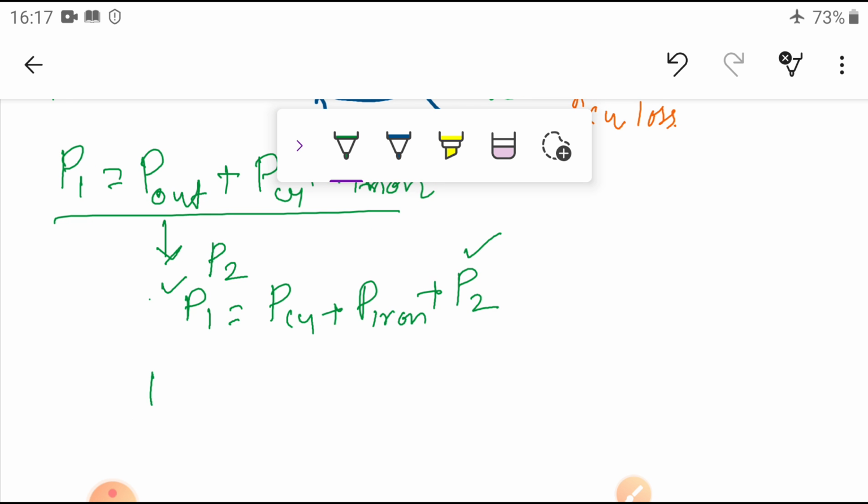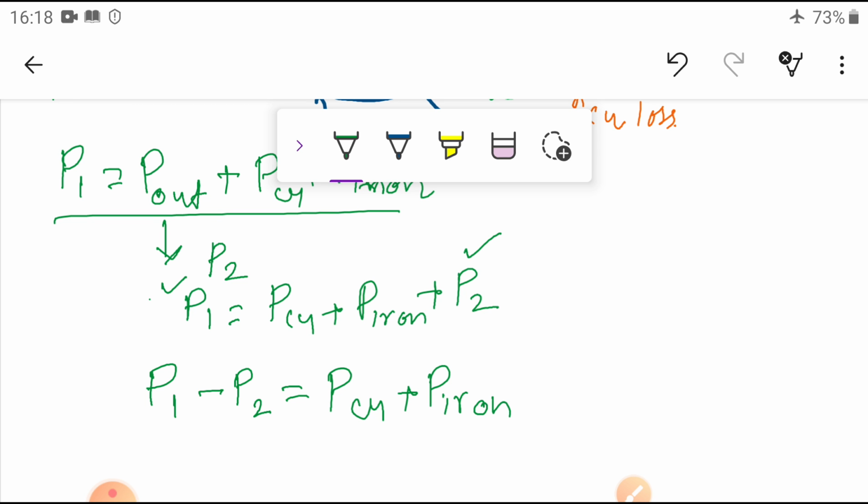So we can write P1, total input, minus P2, total output of the stator, is equal to losses. What are the stator losses? P copper losses plus P iron losses. So these are the losses in the stator.